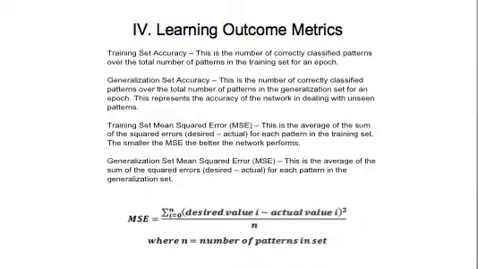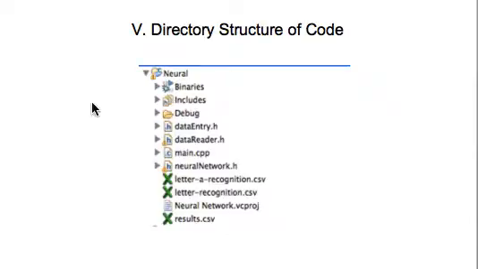There is more information in the project report again, and this list does not include the validation set accuracy and mean squared error, but that has a similar idea as the ones mentioned here. Now a little bit into the code. The directory structure of the code looks like this.